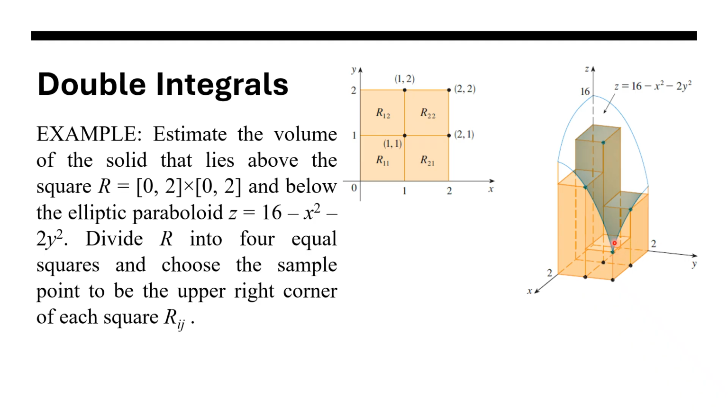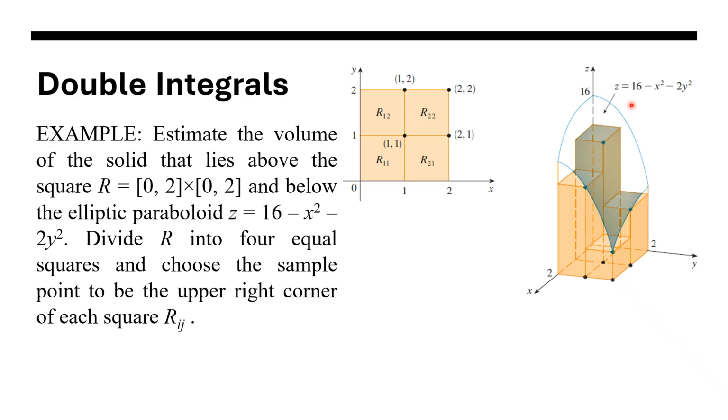In this case, our upper right would be the intersection of the rectangle and the paraboloid, the elliptic paraboloid.